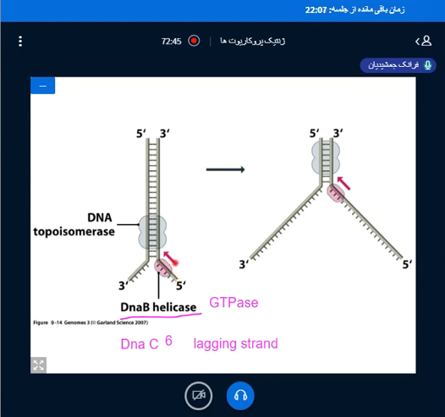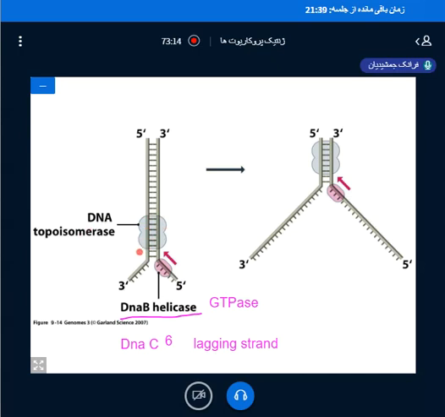The direction is 5' to 3'. So I told you, when the helicase opens the strands of DNA, it forms a replication fork. In the above side, what will happen? In the above, we have supercoils.